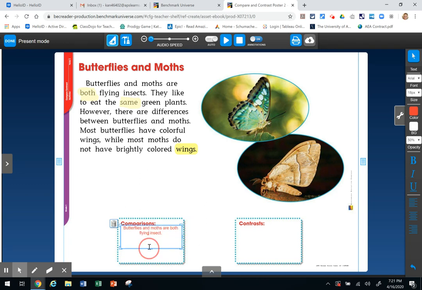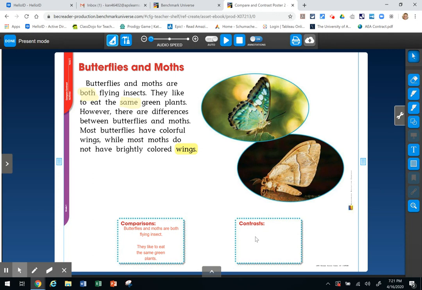Okay, there we go. Okay, so there's one more comparison, okay? That word same. They like to eat the same green plants. Okay, so those are two ways that butterflies and moths are the same. Okay, so now let's look at the contrast.